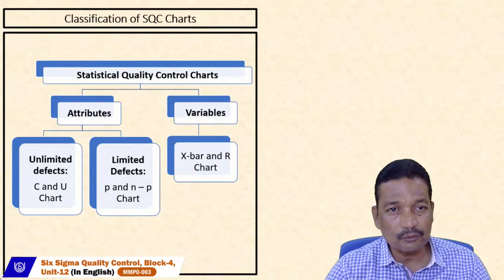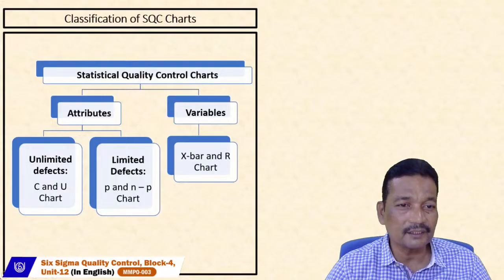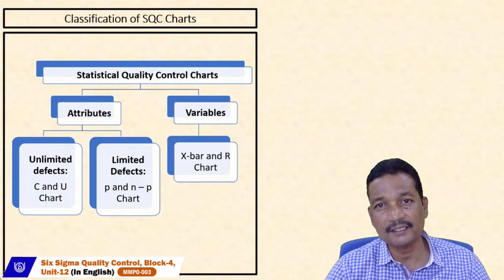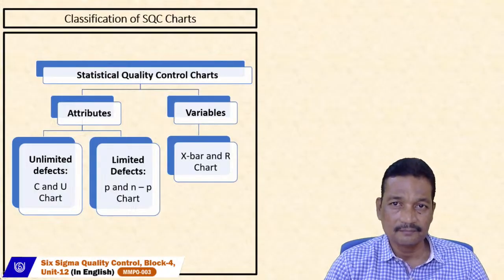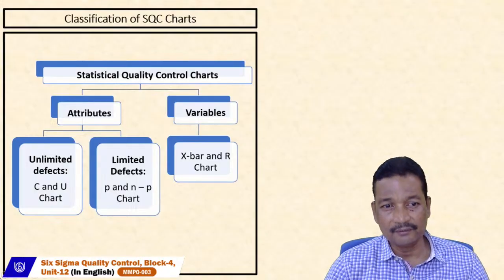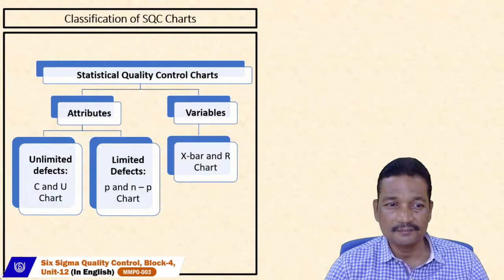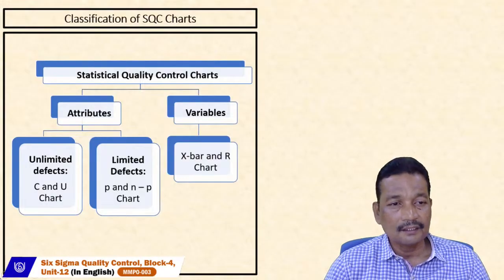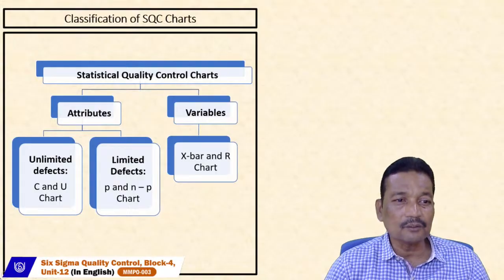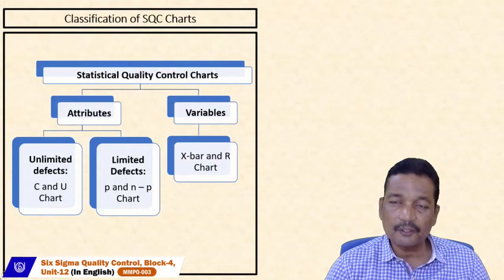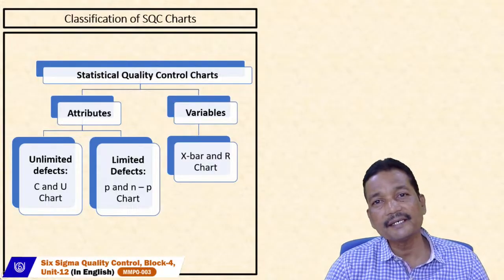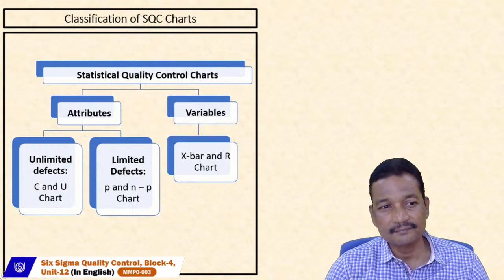So first we have to look at what kind of thing we are dealing with in quality control, whether those are attributes or variables. And accordingly we go for charts. Under attributes, we can have charts for unlimited defects or charts for limited defects.